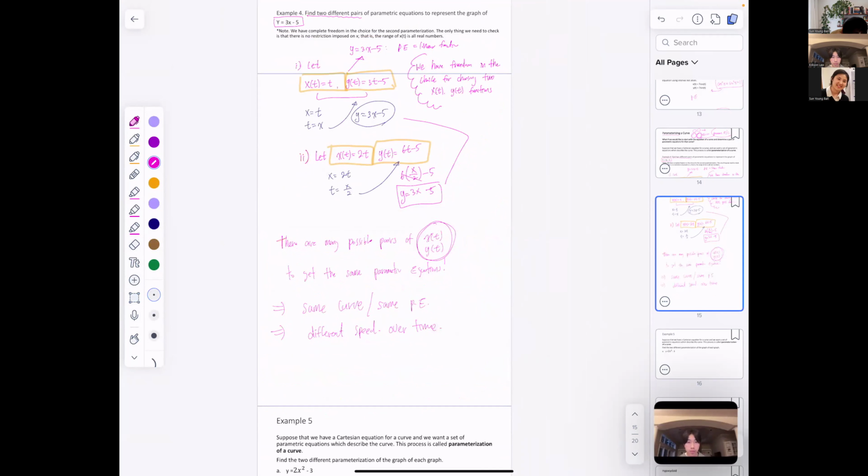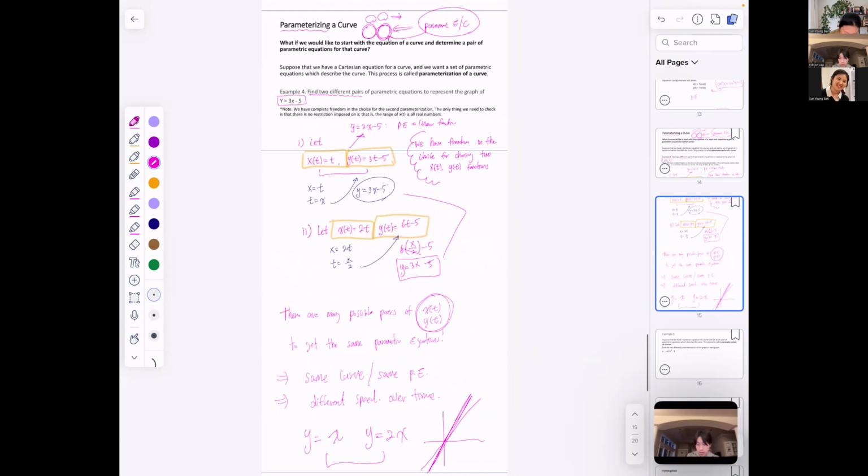Do you remember y equal to x, y equal to 2x? If you just look at the simple function, they have the same linear. Y equal to x is going to look like passing through this. And y equal to 2x is passing through, but a little steeper, because they have more speed. They have the same linear function, but a different speed, but it has the same path. That's what I mean.